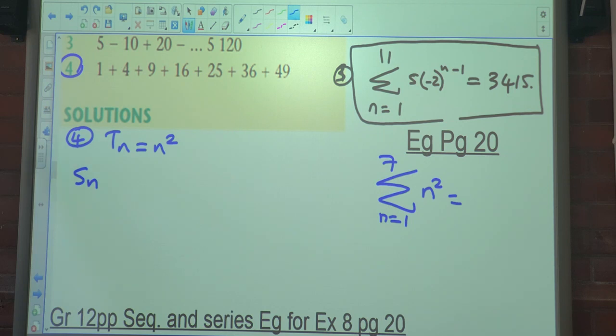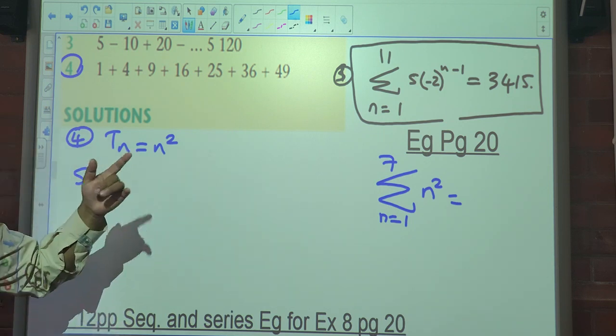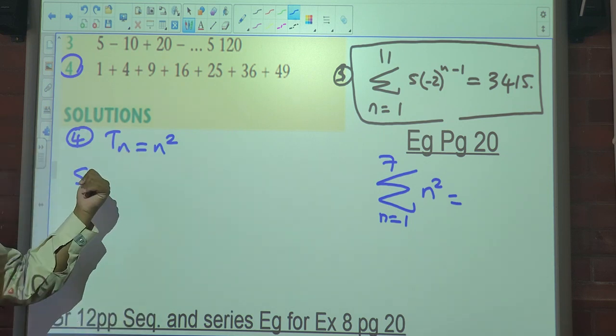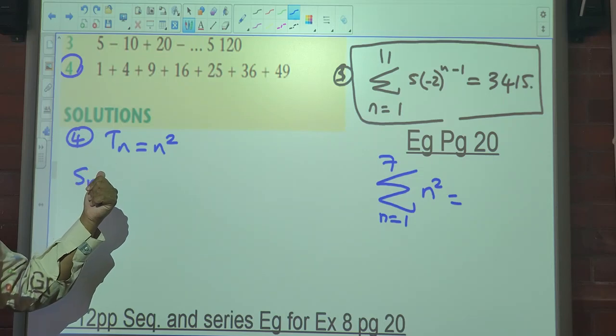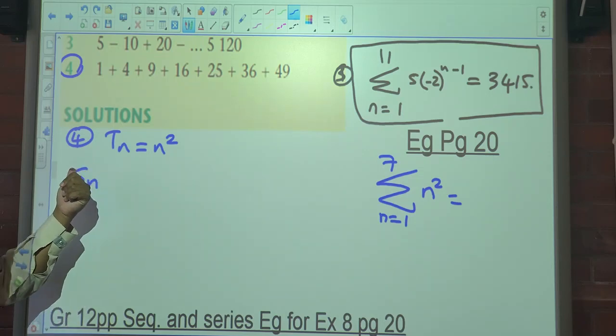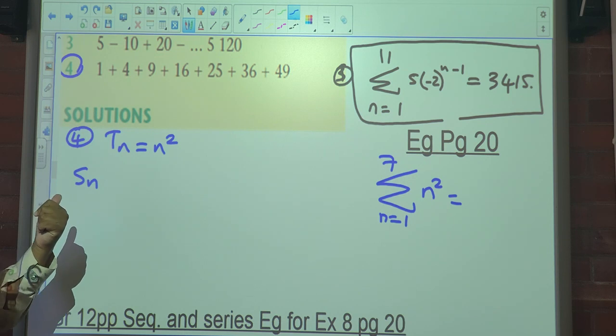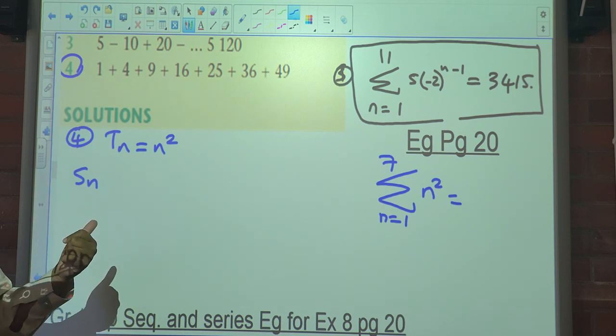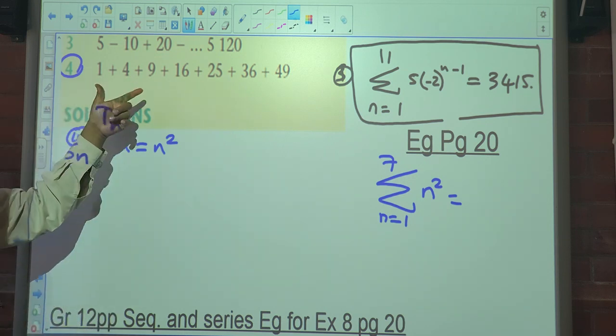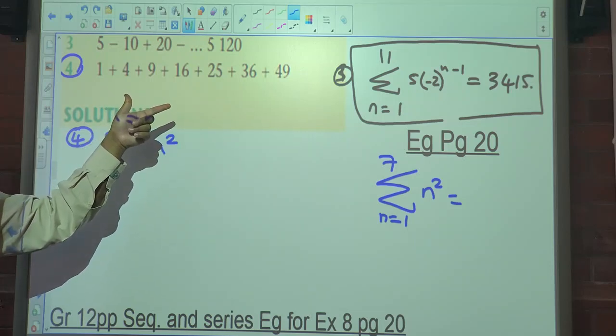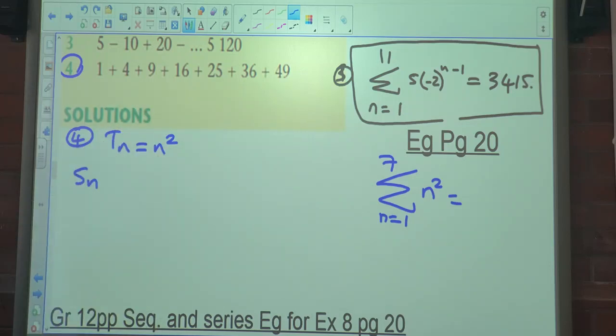N over 2 into 2A plus n minus 1 D is also arithmetic. Is this arithmetic? No. The geometric formula: Sn is equal to A into R to the n minus 1 over R minus 1. Is this geometric? No. Can I use that formula? No. So what are we going to do? You just add the numbers.